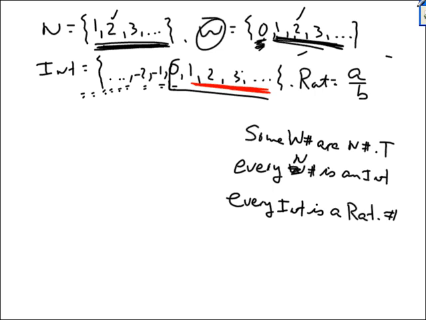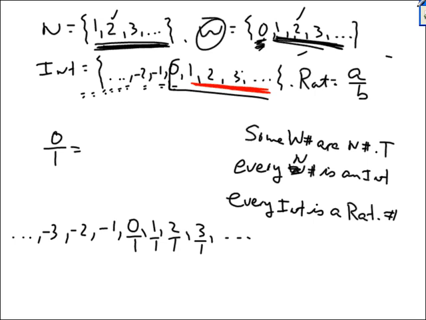Now remember, the integers have 0 and 1 and 2 and 3, etc. And -1 and -2 and -3, etc. And those are the integers. They're not in the form of a fraction or division of two integers, but you know what? 1 over 1 is 1, and 2 is the same as 2 over 1, and 3 is the same as 3 over 1, and 4 is the same as 4 over 1. 0 is the same as 0 over 1.